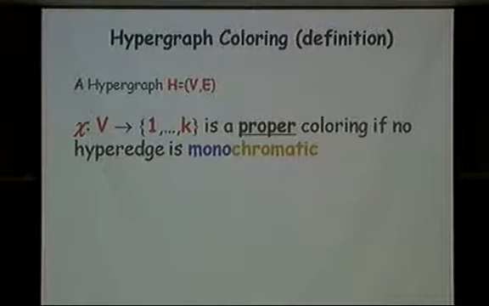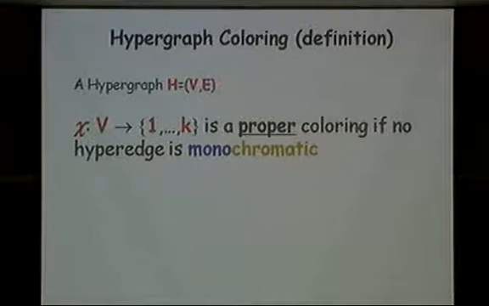I should be more accurate and say every element in E which contains at least two vertices. Otherwise, we cannot do anything. So it's a proper coloring if every such hyperedge that has at least two vertices is such that not all the vertices have the same color. So there are at least two colors present.